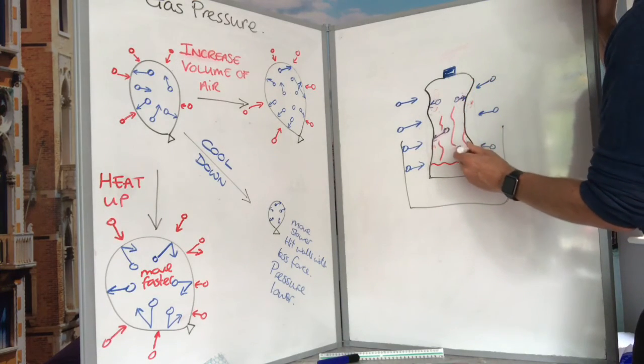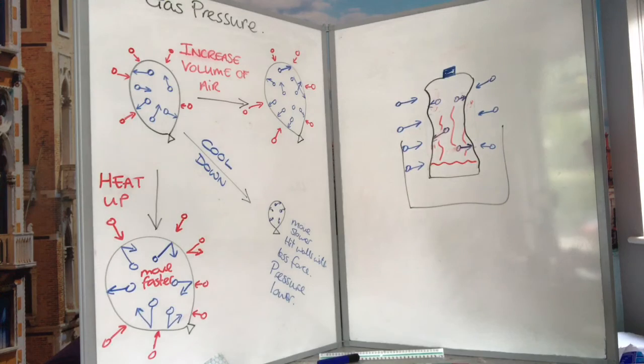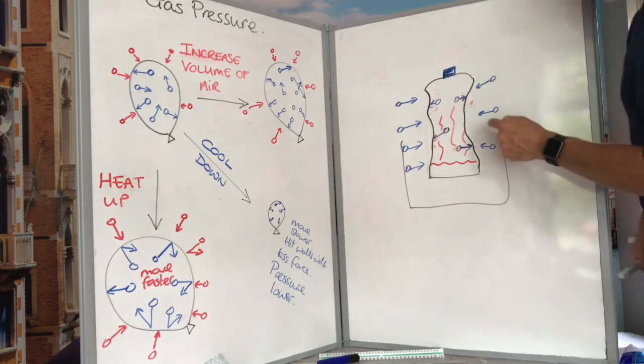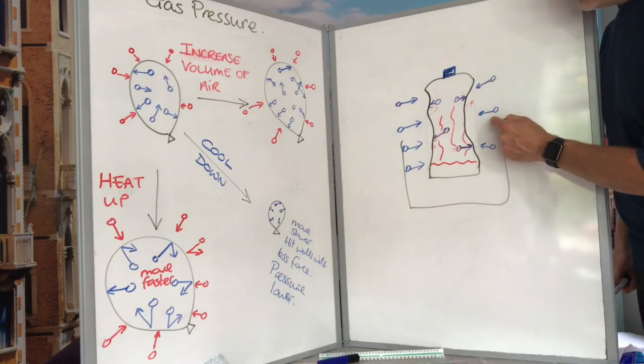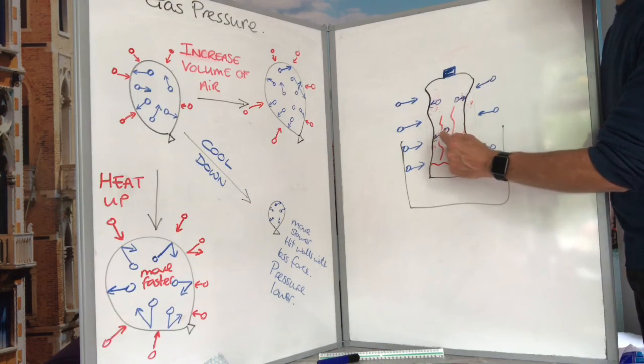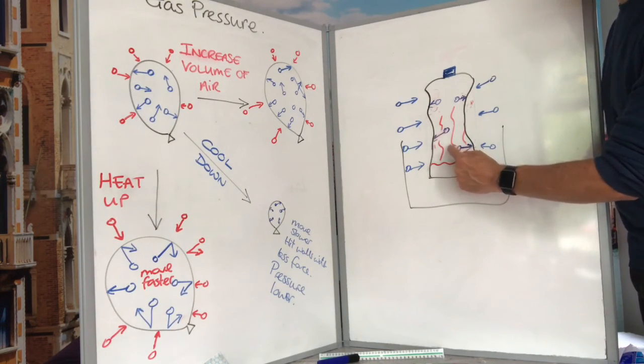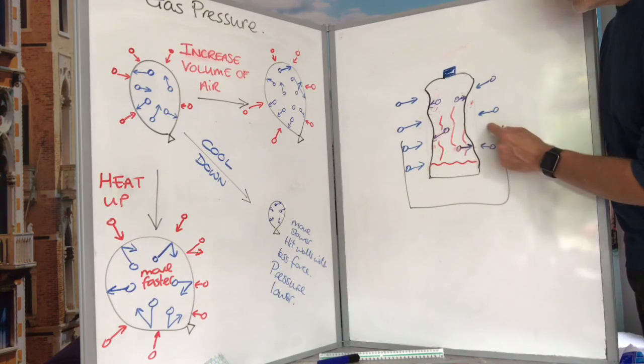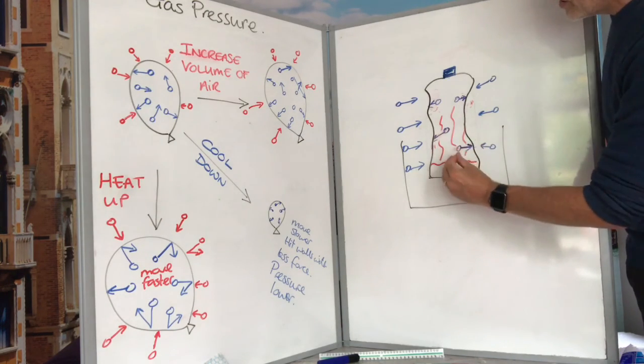It collapses inwards, okay? Because the pressure on the outside is bigger than the pressure on the inside now, because these have cooled down, they're moving more slowly, so the pressure inside is lower, the pressure outside is greater, so the whole thing collapses down.